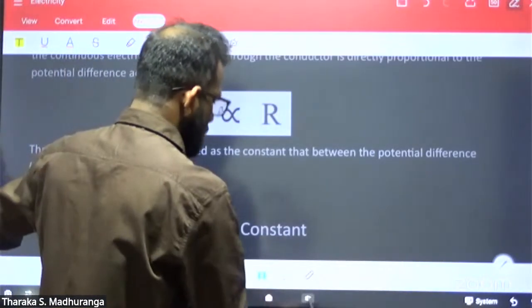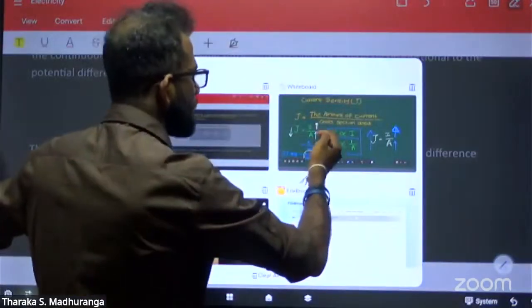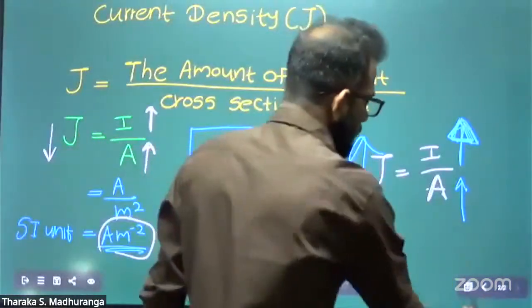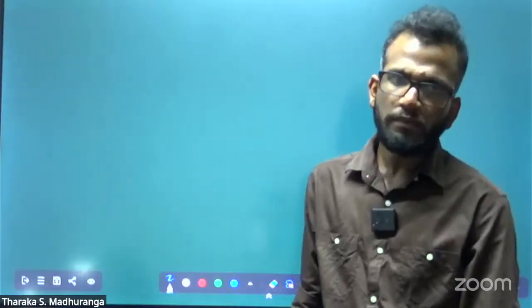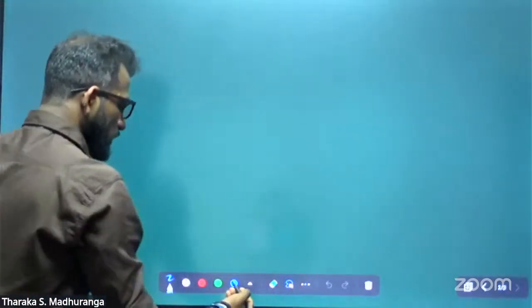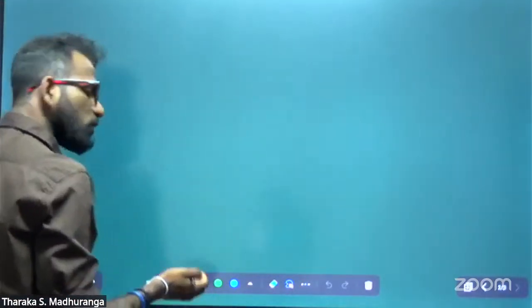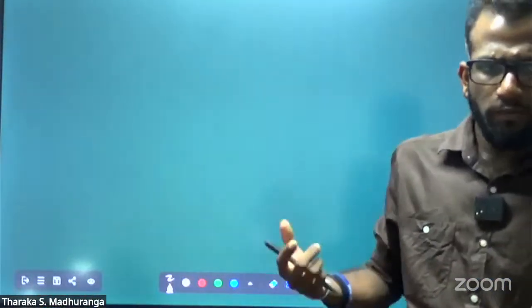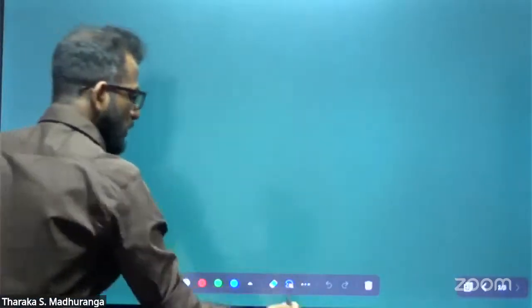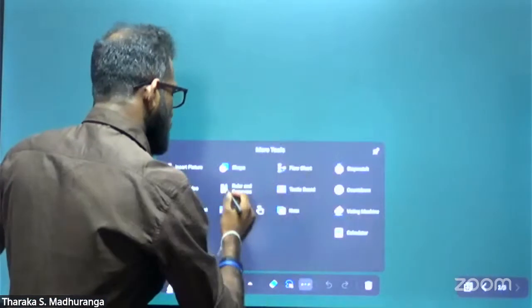This Ohm's law is actually a simple concept found by a scientist named Ohm. It is a simple experiment. Now think about this experiment. Don't think about the definition of Ohm's law. If you understand this concept, you can understand everything in Ohm's law.